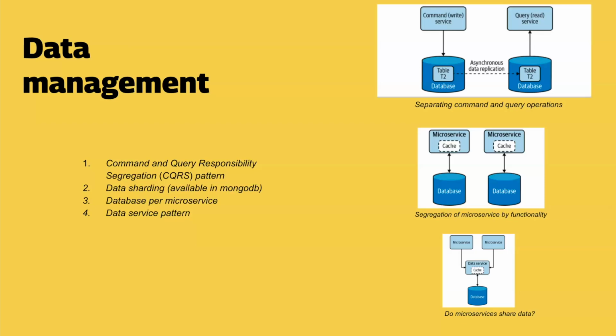Right, so the CQRS pattern can also be implemented in different ways. The classic one that's described here is that you actually have a different database, one for all the reading applications, and then there is some kind of API that manages that.